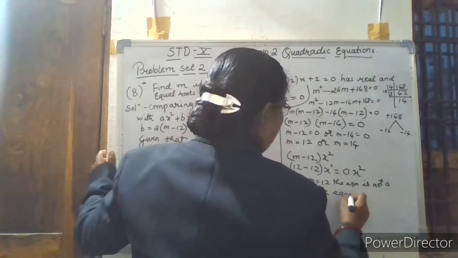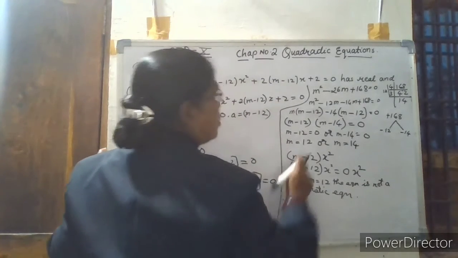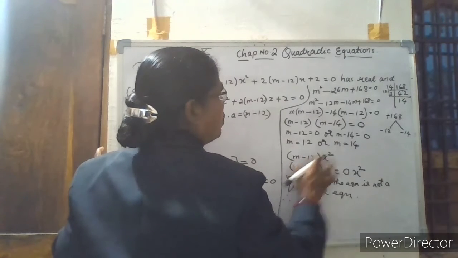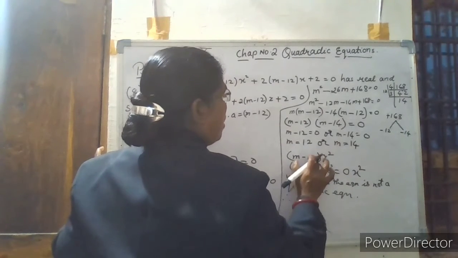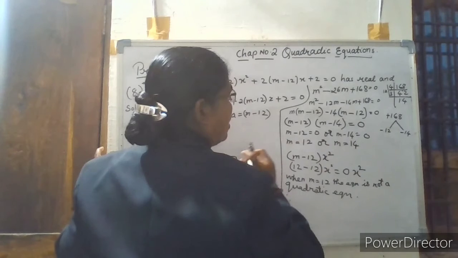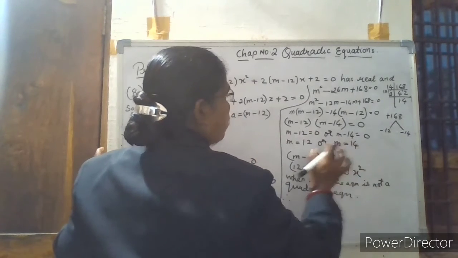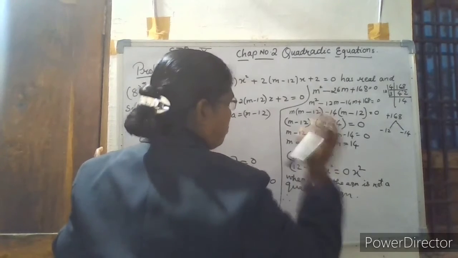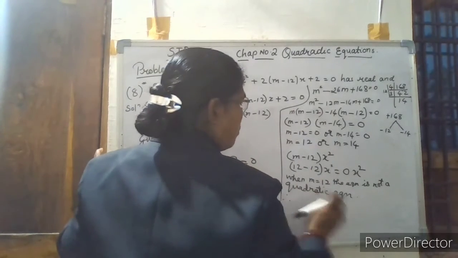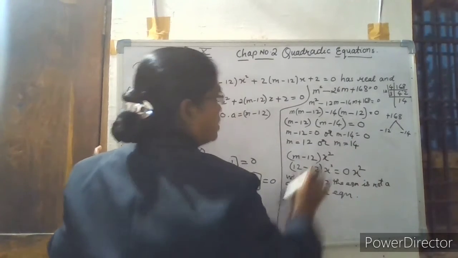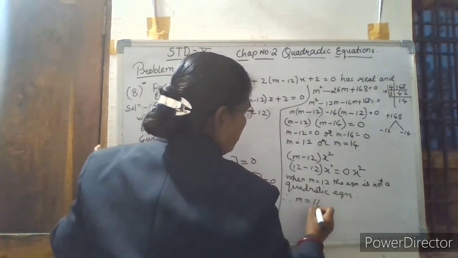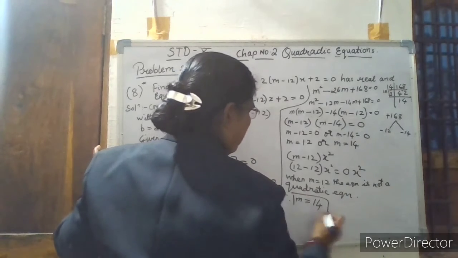Therefore, the other value, that is m minus 14. m minus 12 is the coefficient. So, m value is 14. 14 minus 12 will give you 2, 2x squared. So, it forms a quadratic equation. Therefore, we can say that m is equal to 14. This is the solution.